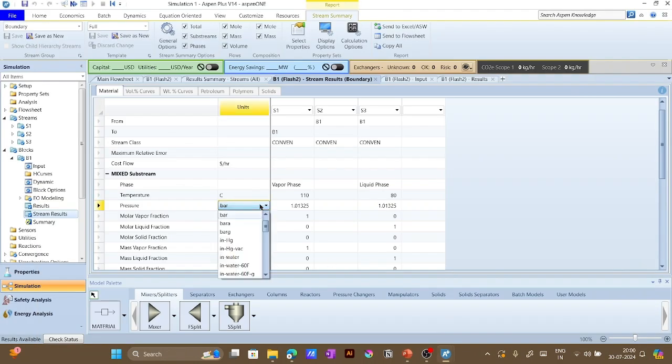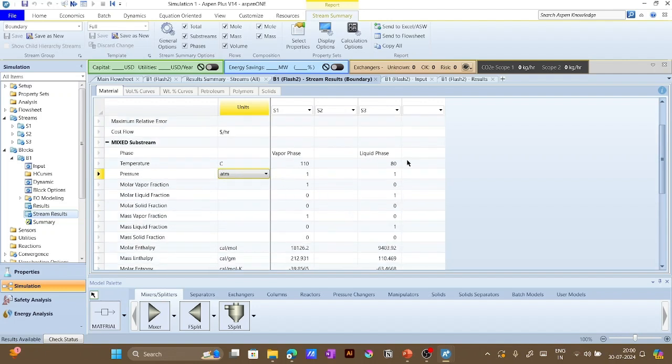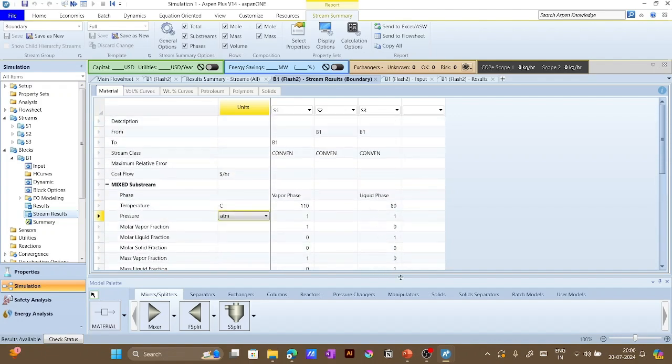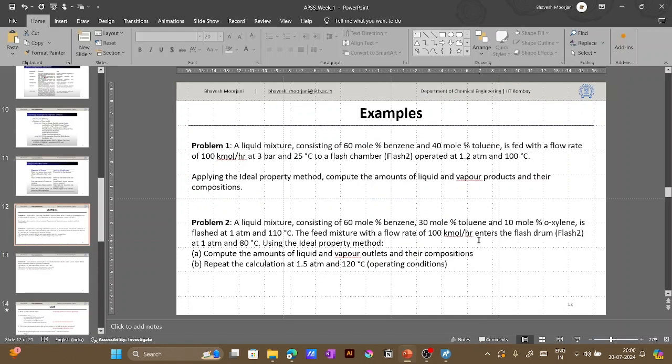Okay, so here the unit is bar, you can change it to atmosphere also. At 1 atmosphere, it's completely converted to liquid phase, and there is no vapor fraction generated. Why? Because the flash drum is operating at a much lower temperature, at 80 degrees centigrade. So your output is only liquid, you don't have any vapor fraction.